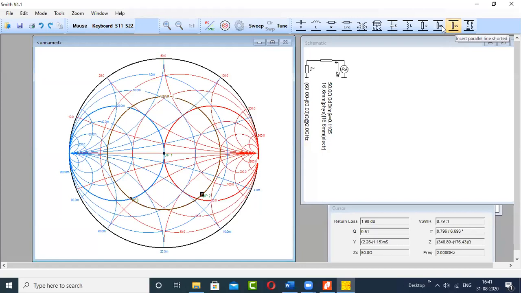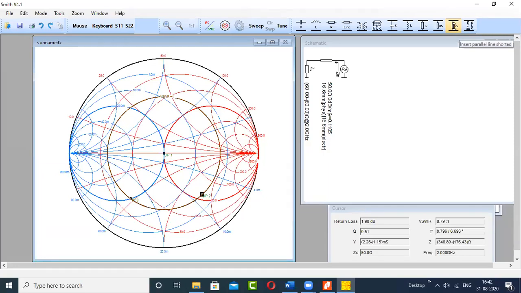So only shunt open circuited stubs and shunt short circuited stubs are available. Series stubs cannot be tried here. SS means short circuit stub. A stub is nothing but a piece of transmission line which is used as a reactive component.